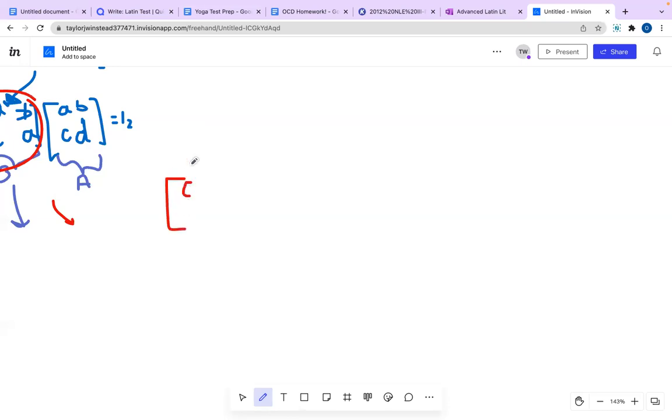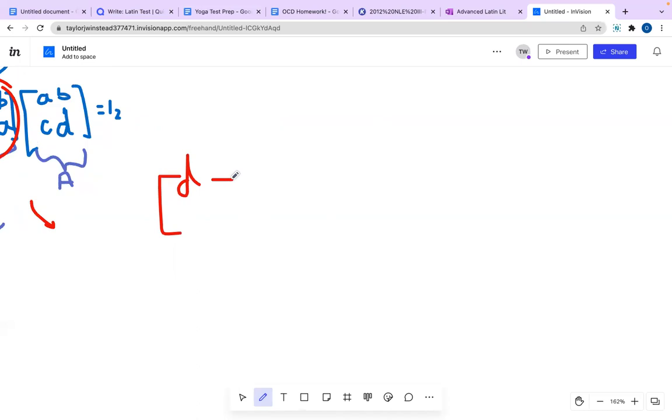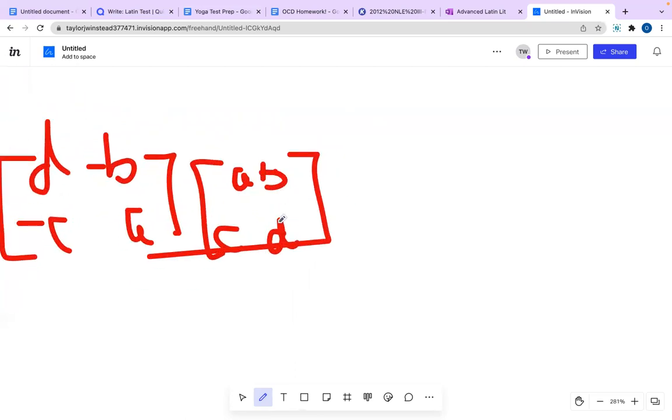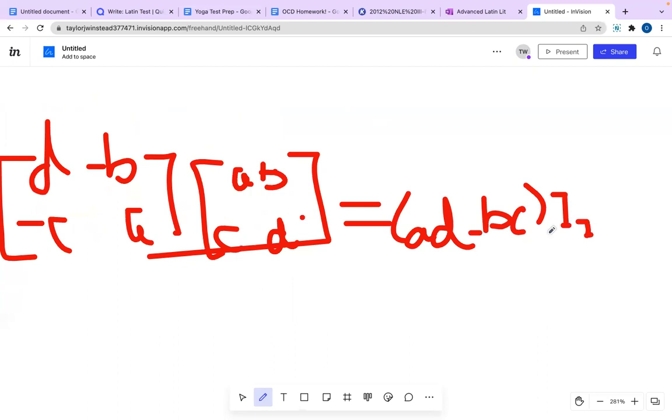Well, then we multiply D, negative B, negative C, A times A, B, C, D is equal to AD minus BC times the identity matrix. This is the thing we've already figured out. We already just talked about this.